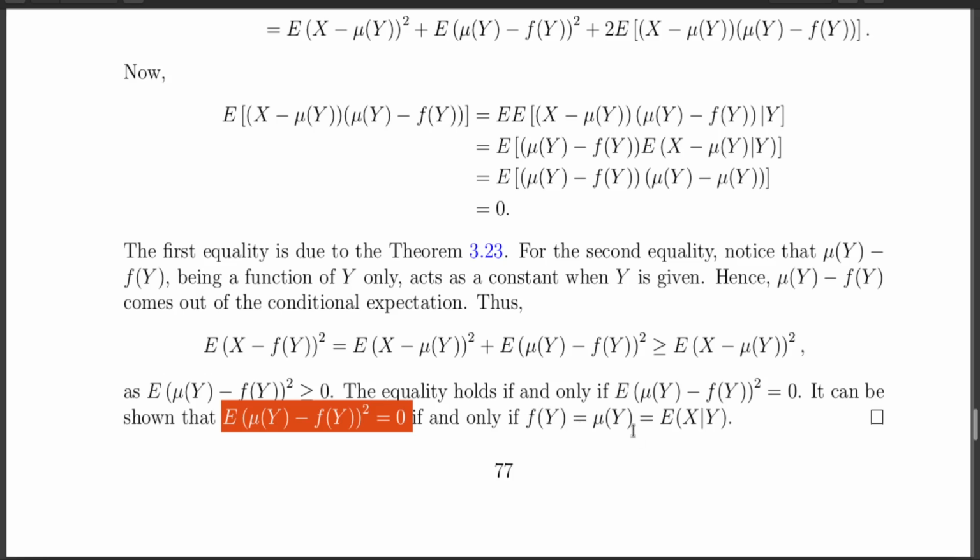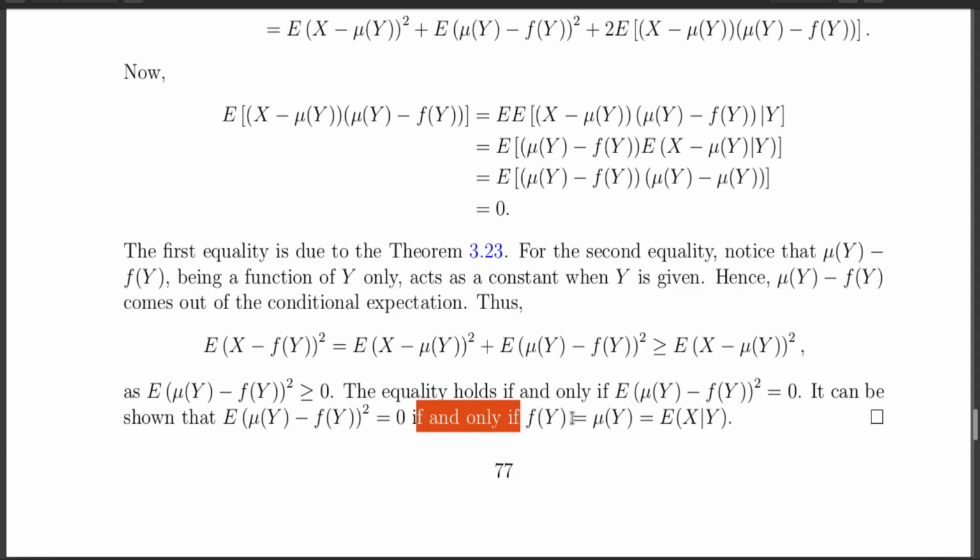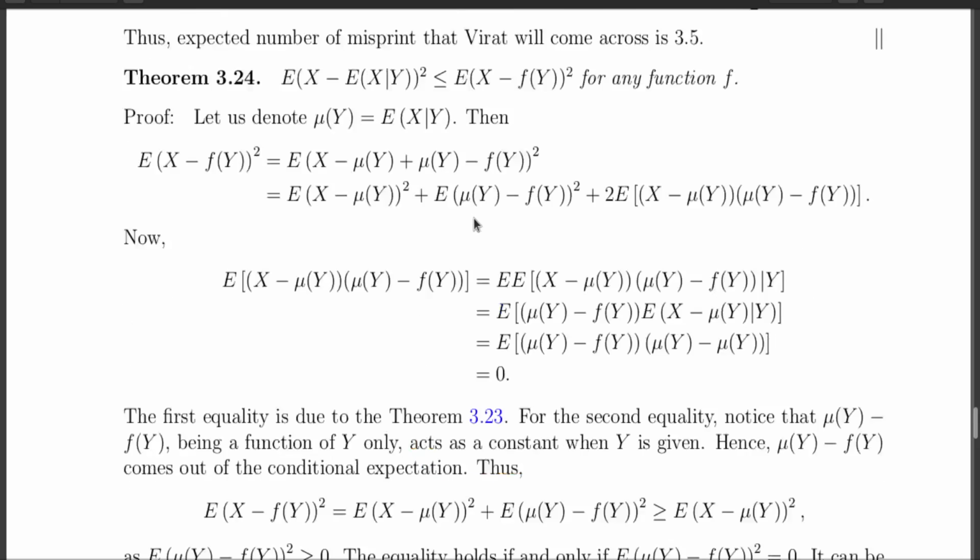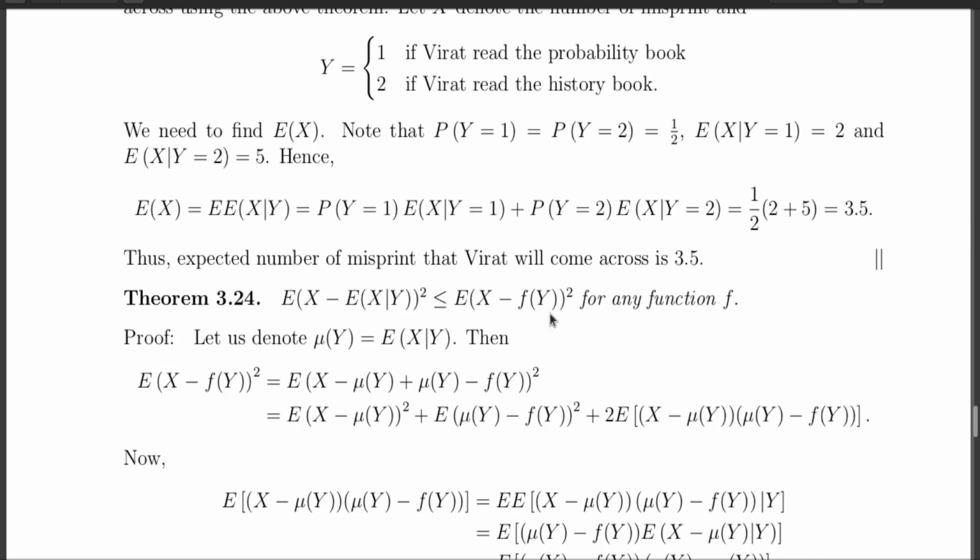Obviously, one direction you can show: if these two quantities are the same, then this has to be 0. But the other direction cannot be shown with what we have done. So this expectation is minimized when I take f of y equal to the expectation of X given Y, and the equality holds if and only if f is equal to the expectation of X given Y.